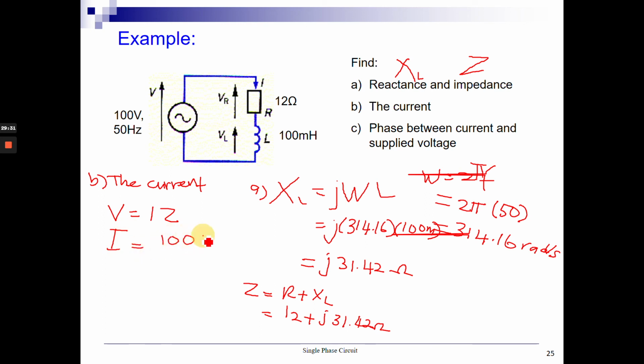So we assume V as your reference, so angle theta is 0, and then divide by 12 plus j 31.42. So using a calculator and complex numbers, 100 divided by 12 plus j 31.42.